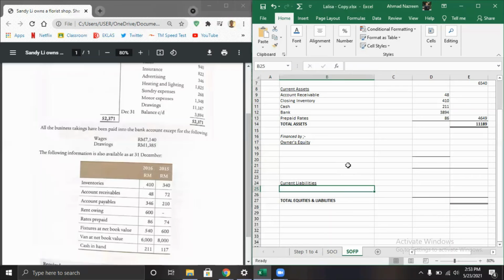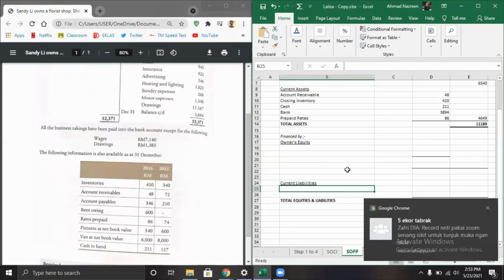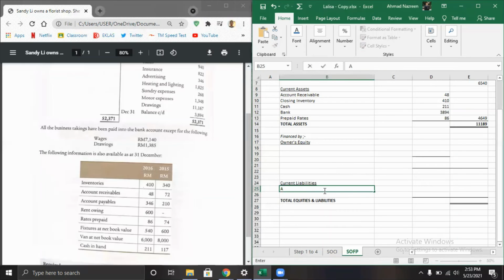For liabilities, we take the amount of account payable and rent owing. That is 6 and 600.